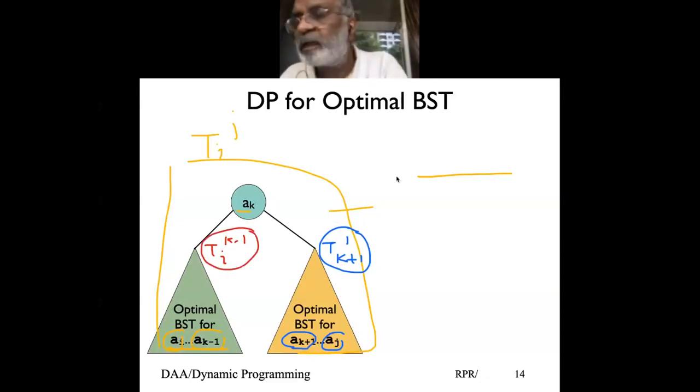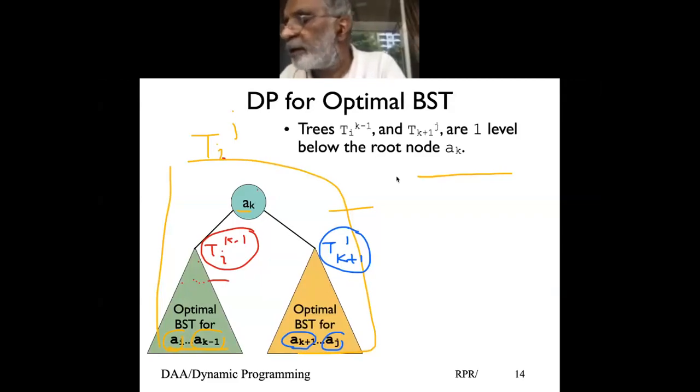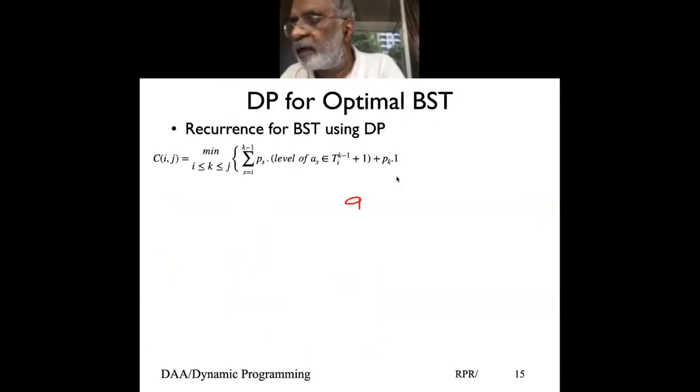So my search cost of the overall tree would be the probability of finding AK, which is Pk into 1, plus for each node, multiply the probability by the number of searches. Whatever the number of searches in this tree is, you add 1 to it because of the AK comparison. That is essentially what I'm saying in my recurrence here.